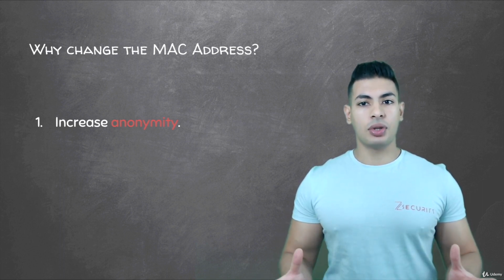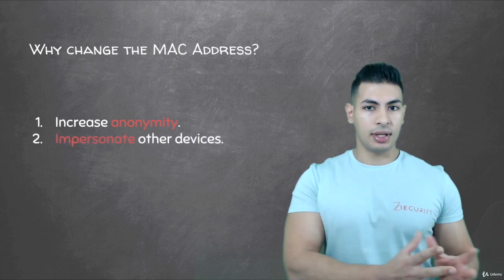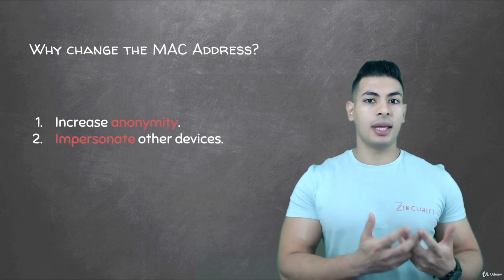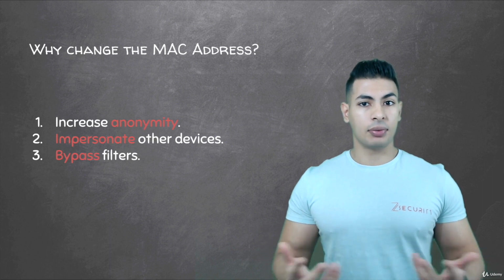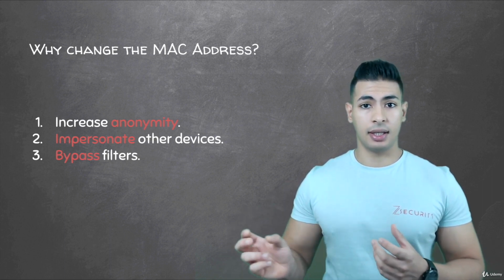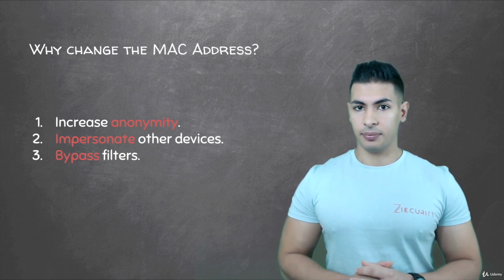So being able to change your MAC address to another device's MAC address will allow you to impersonate this device and do things that you might not be able to do. You'd be able to bypass filters or connect to networks that only devices with specific MAC addresses can connect to, and you will also be able to hide your identity.